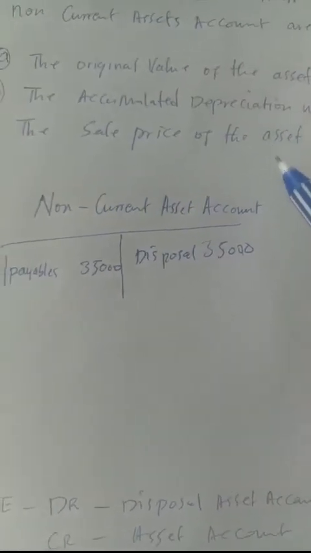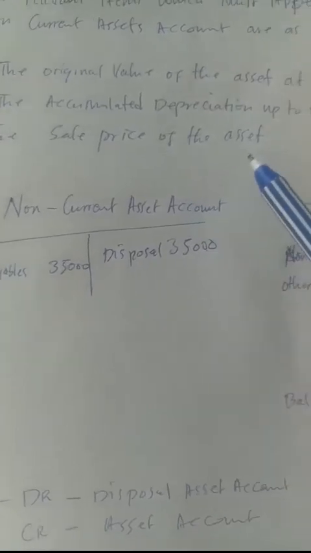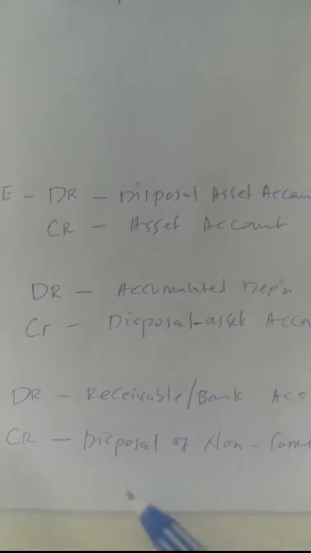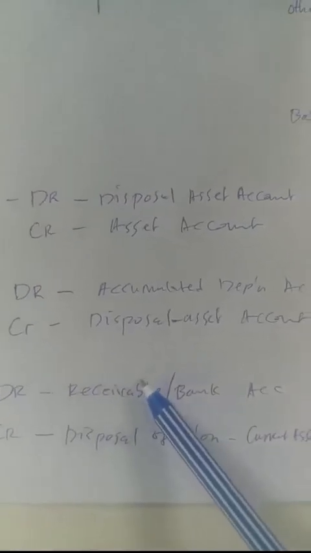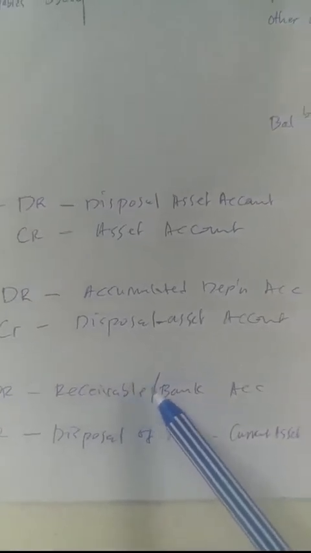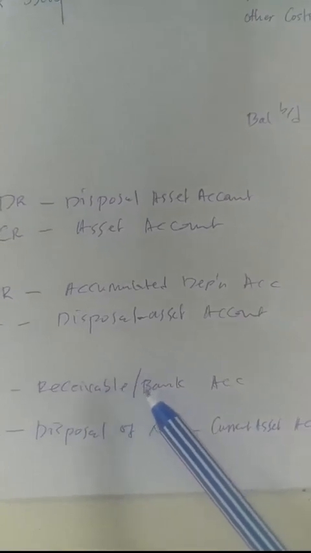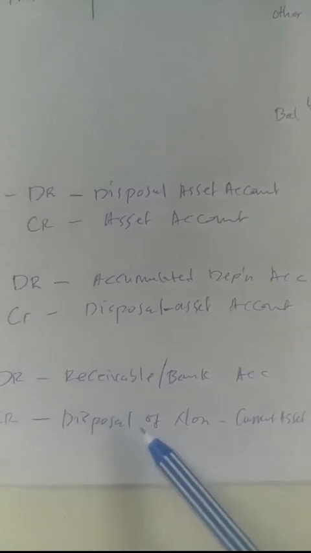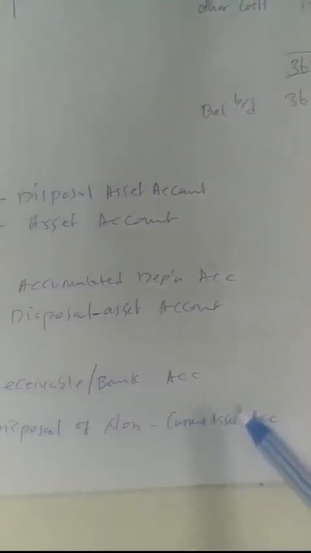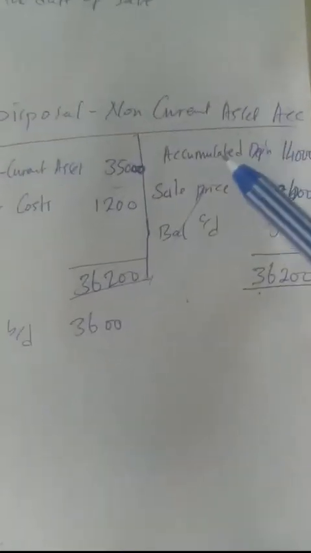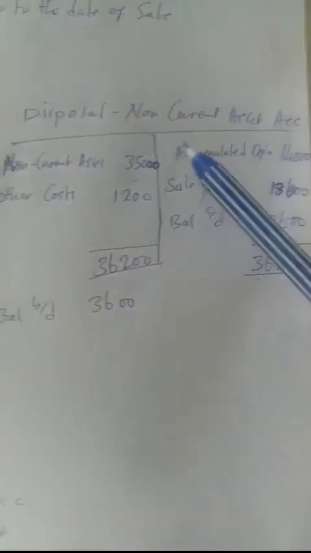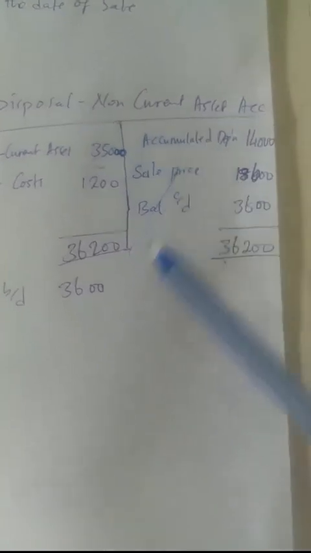How do you account for that? You debit the receivable if it was sold on credit. If it was sold for cash, you debit the bank account, and then credit the disposal of non-current asset account. Just like you are seeing here, the sale price is on the credit side in the disposal of non-current asset account.